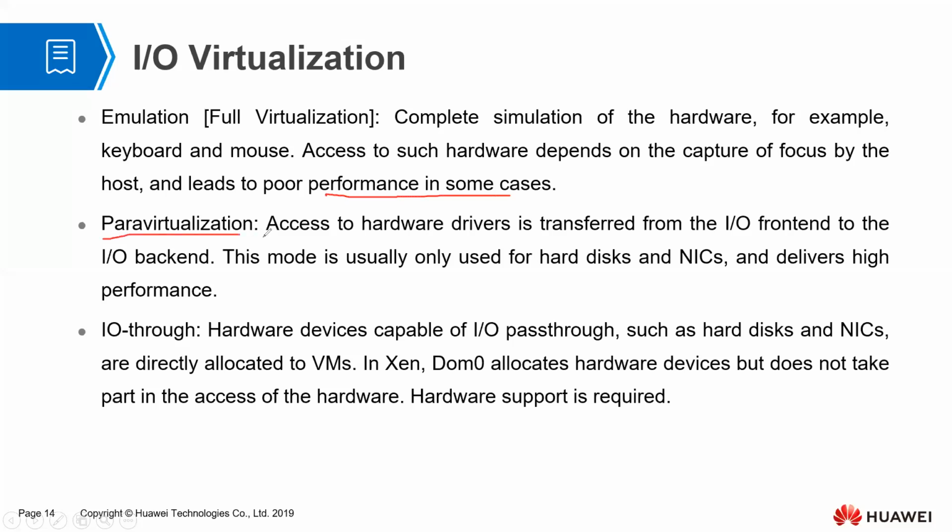So let us also look at para-virtualization. In this case, access to hardware drivers is transferred from the input and output front end to the input and output back end. This mode is usually only used for hard disks and network interface cards and delivers high performance.